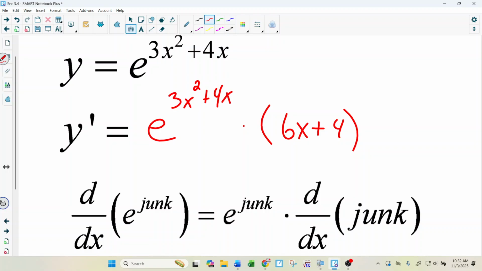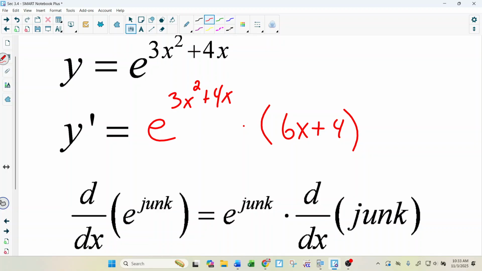So here, you deal with the outside, the e part, and your inside doesn't change. Then once you've dealt with that, you can peel it back and not worry about it anymore, and go to the next layer inside and take the derivative.